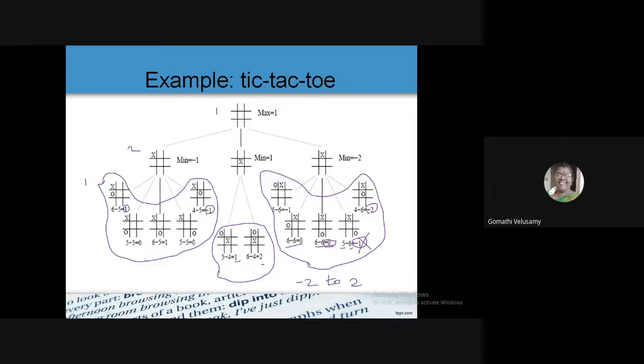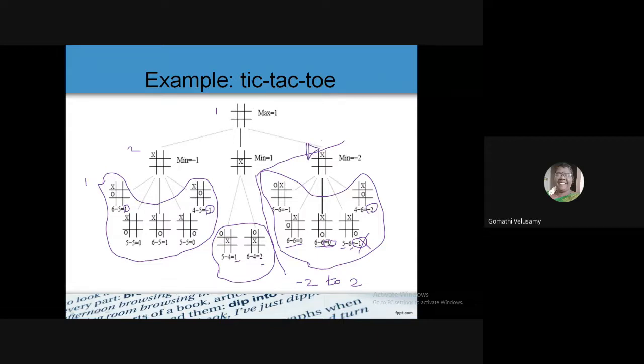But here, the question is, do I have to go through the entire tree? Suppose I partially neglect this portion of my subtree. When I do the alpha beta pruning, what will happen? It is choosing minus 1 and my 1. This is unknown. I'm just skipping this. There is a terminal, but I am skipping this.